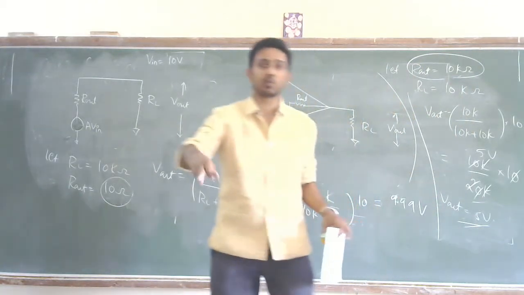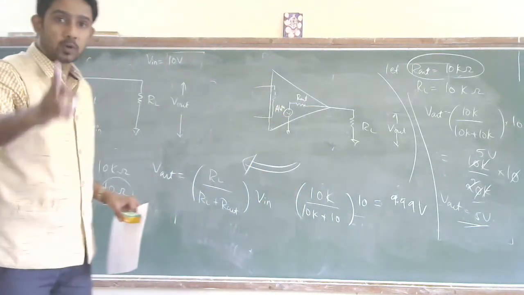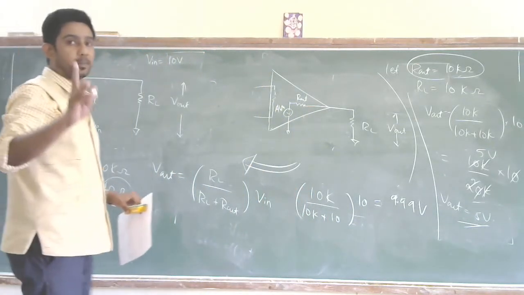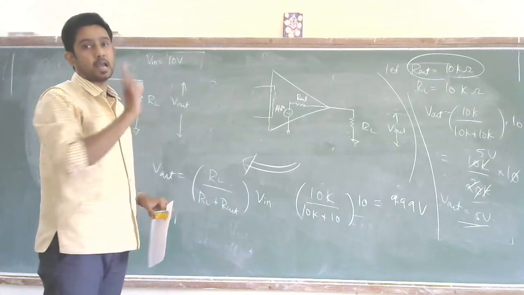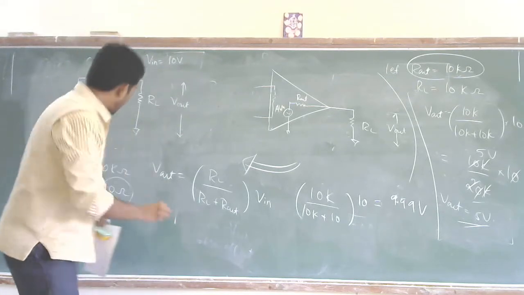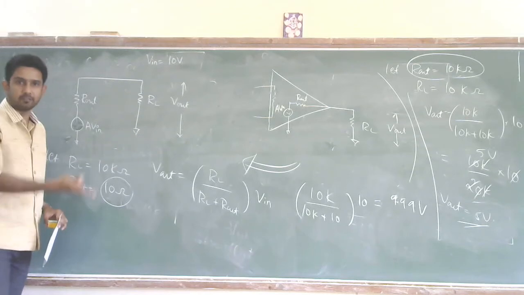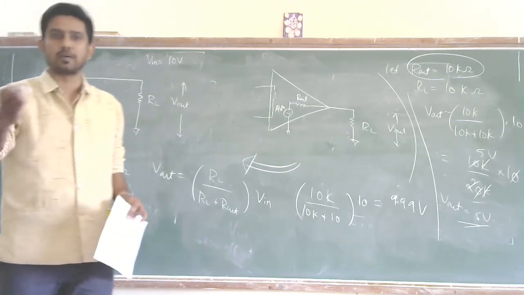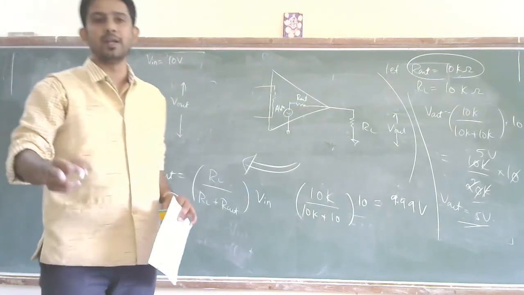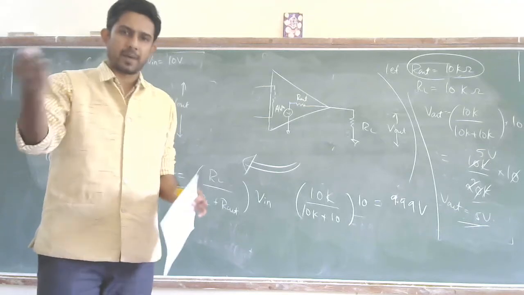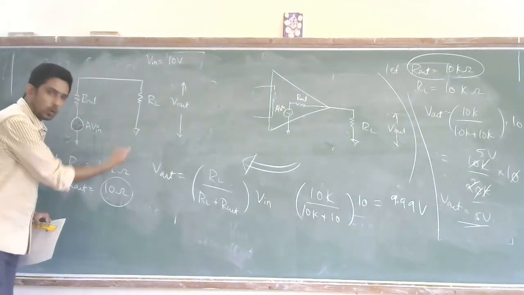So what is it going to say? The output resistance or output impedance of a voltage amplifier should be as low as possible practically. Ideally speaking, we usually say, among the op amp characteristics, that output resistance should be 0 ideally. Practically it should be as low as possible.